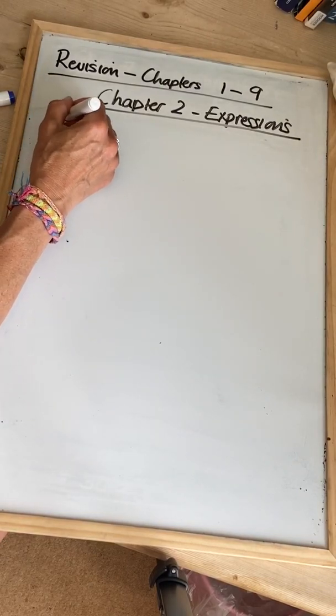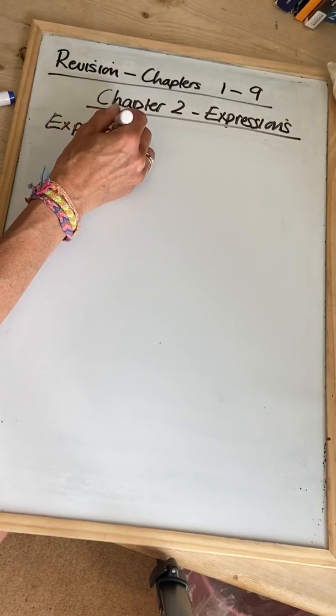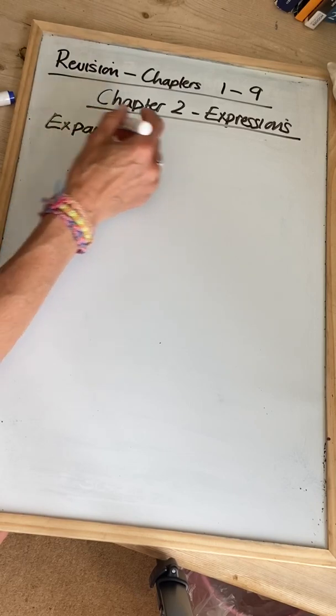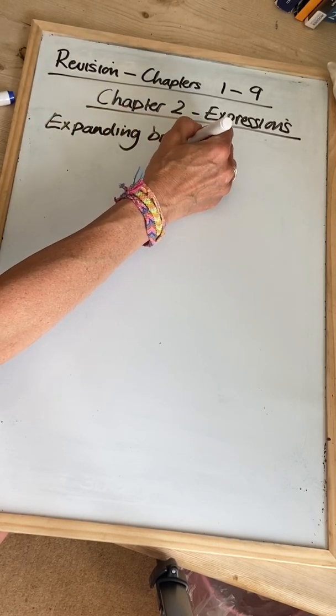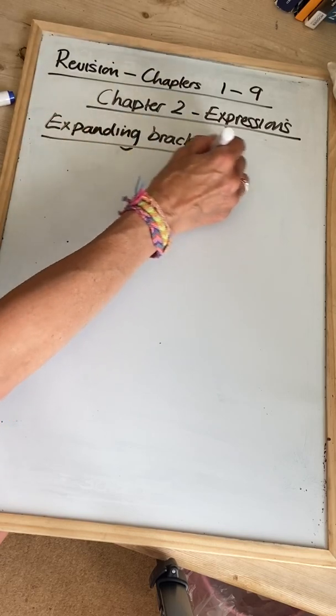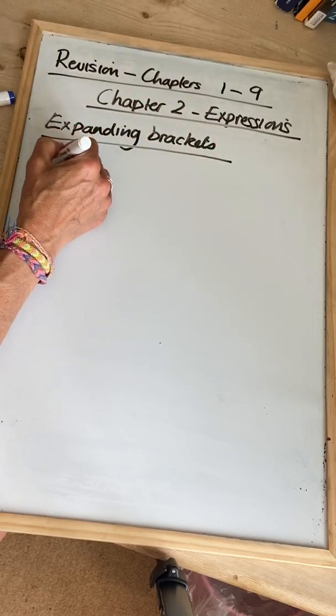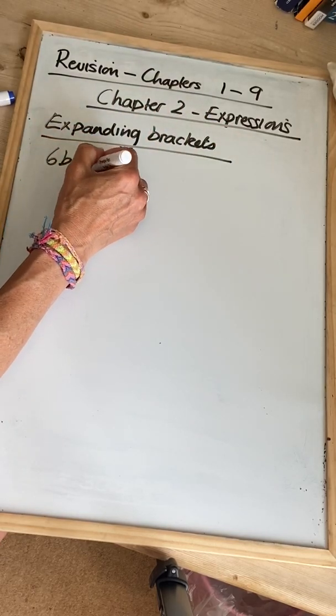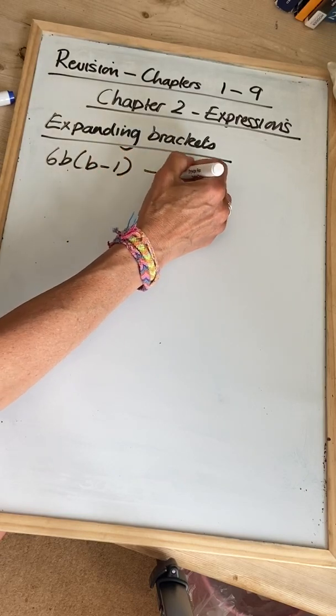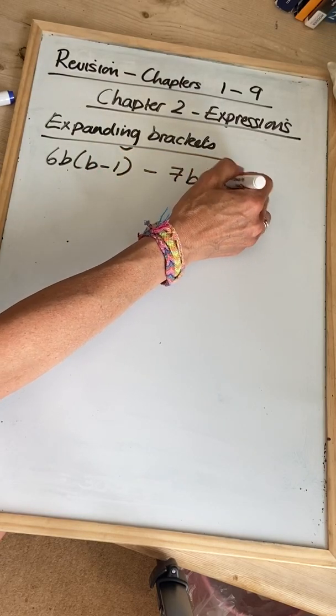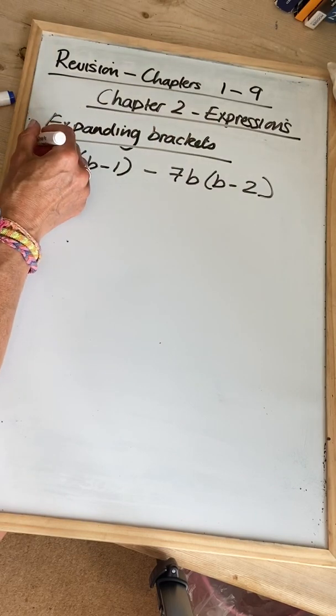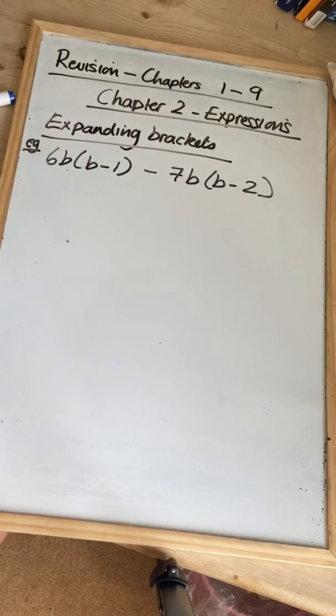So expanding brackets, I'm just going to go straight into some examples here. This is fairly simple expanding, just single brackets, but I just want you to make sure you're happy with it. Minus 7b, b minus 2. So an example here, so this is just single brackets, okay?